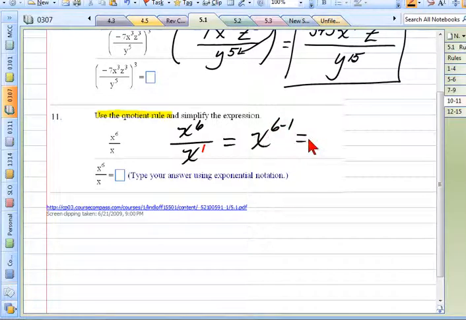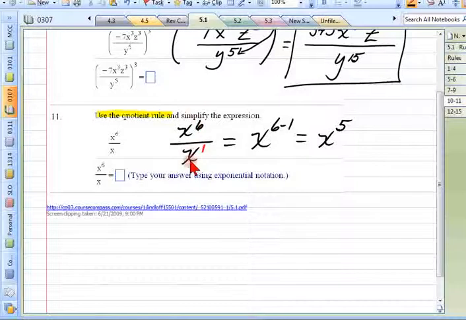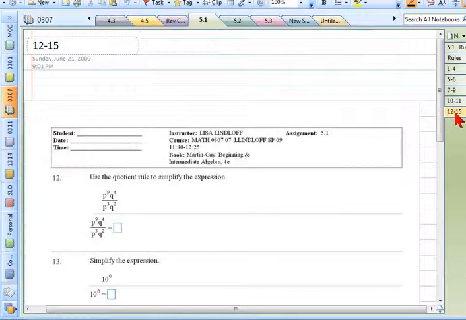You don't have to write that step down. It's x to the 5th. What you're going to have to do is identify for yourself what's going on. Division. Quotient. Quotient rule says keep the base, subtract the exponents. Yes, anytime you divide, you have to subtract the exponents. The rules are on your blue sheet.